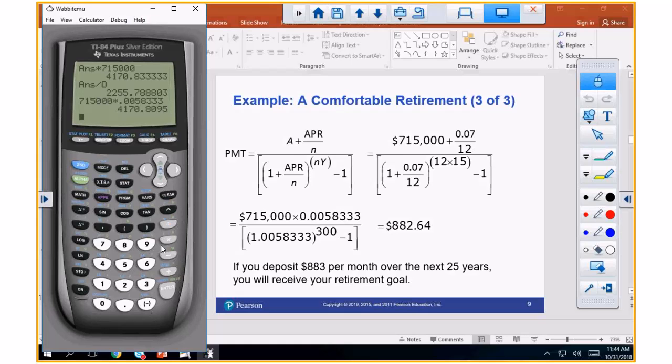I'm going to redo the bottom and see what I come out with, because I think this answer is wrong. 0.07 divided by 12 equals plus 1 equals raised to the 12 times 15 power, parentheses, 12 times 15, close parentheses, oops, enter, minus what? 1.